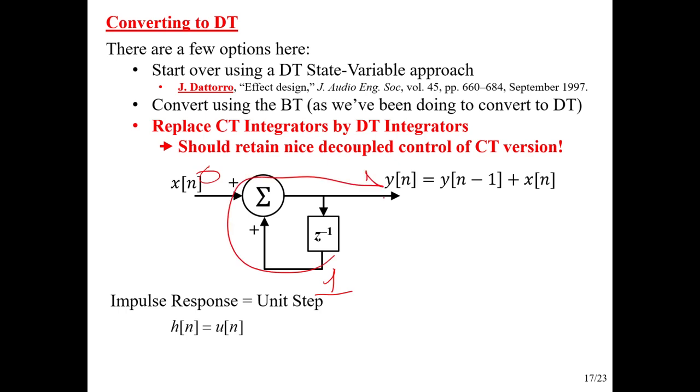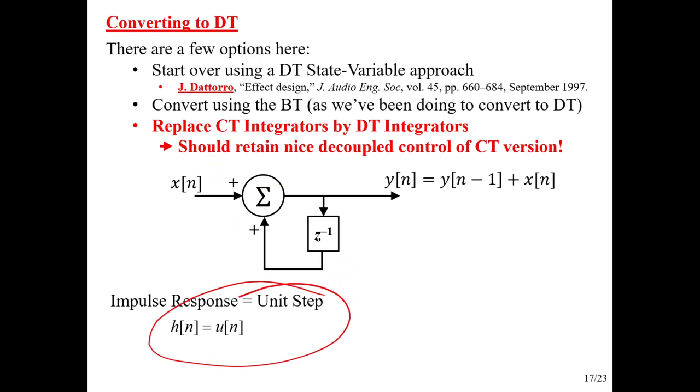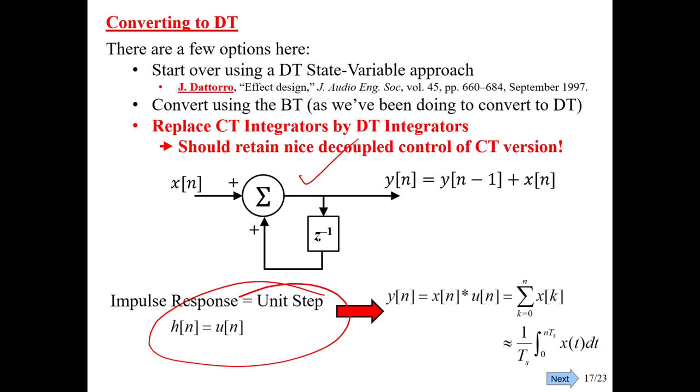So out comes 1. And so the 1 is stored again and 0 again and 1. So yes, that makes sense. The unit step is the impulse response of this circuit or this discrete time filter. So we do have something that looks like it's a discrete time version of integration.